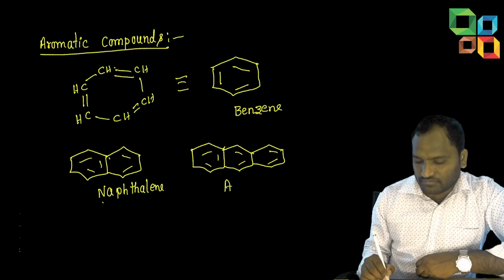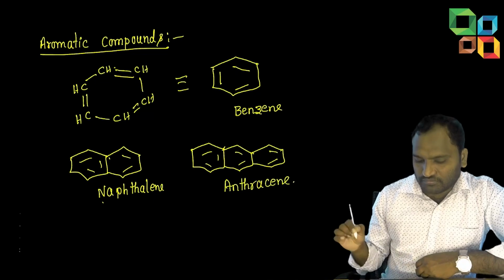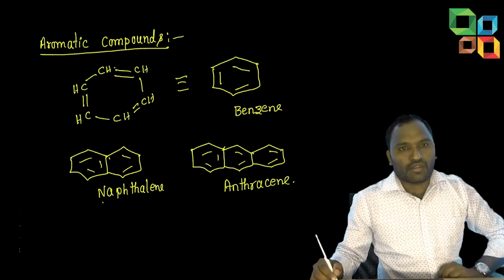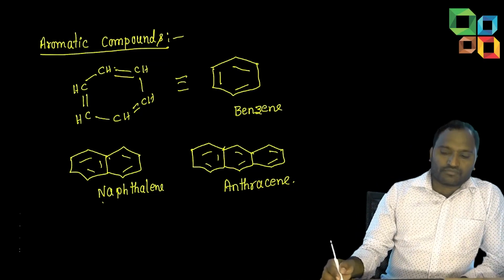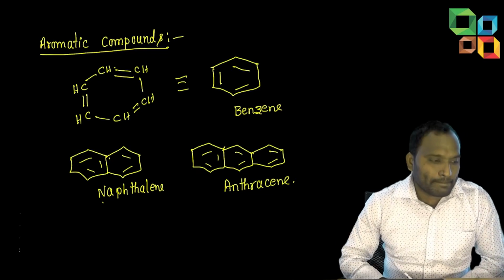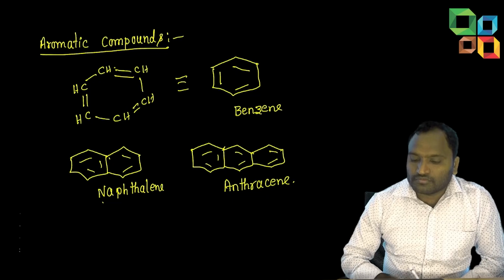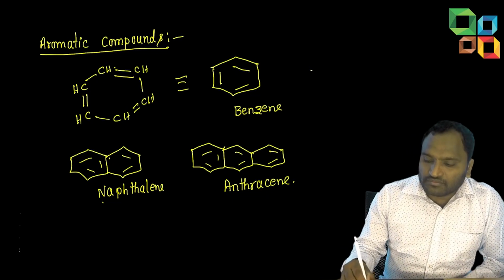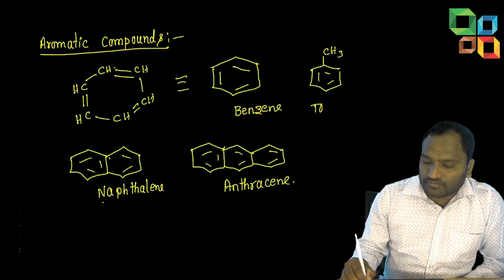Anthracene. On a benzene ring, if I keep a CH3 group, this is toluene.